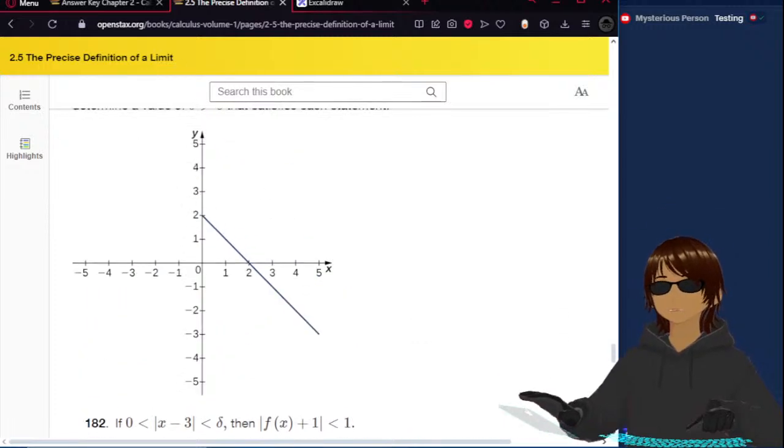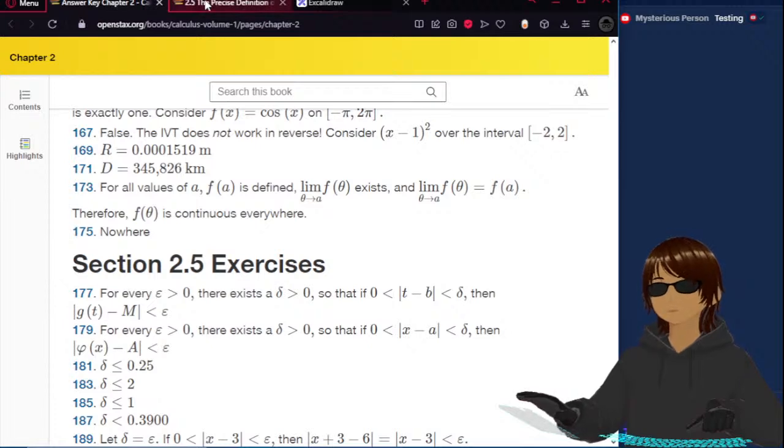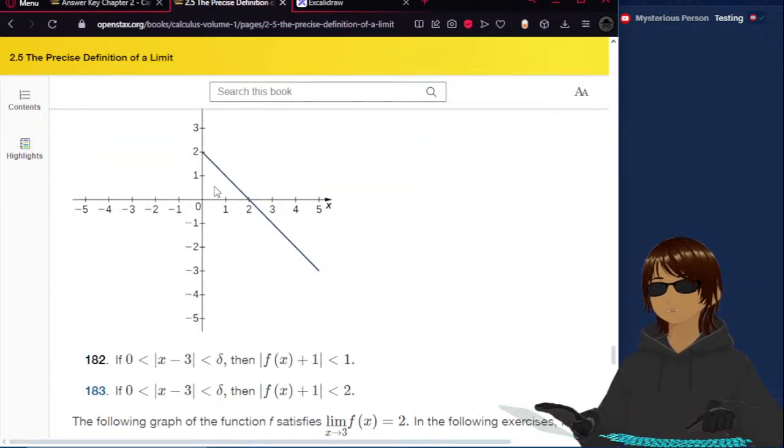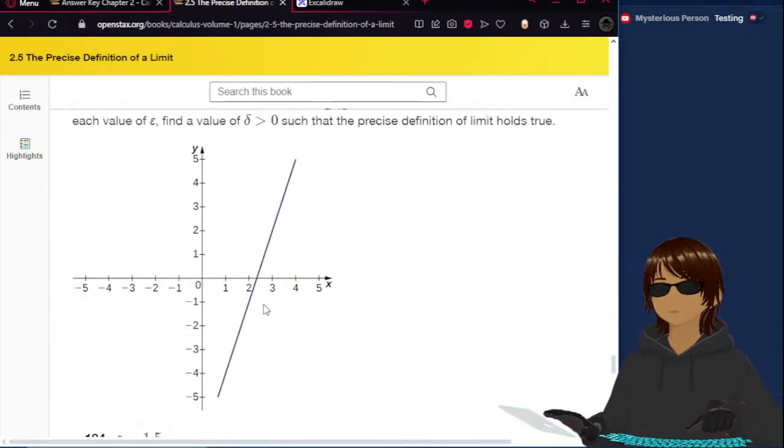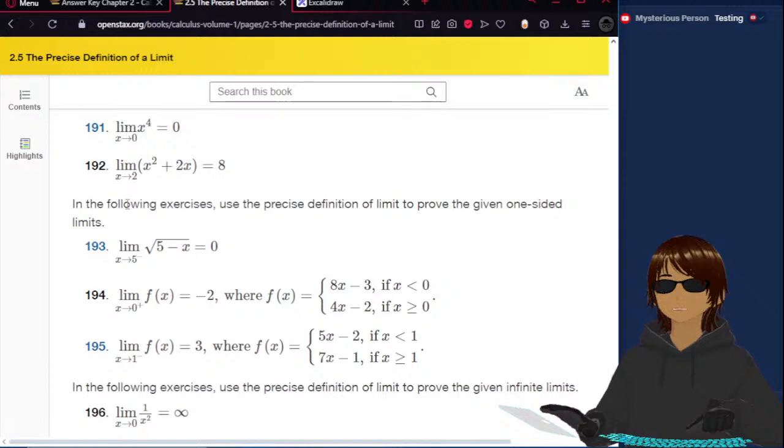I don't know why it's 0.39. Or wait, no, it's 183. Yeah, it is 2. Looking at the wrong one. The following exercises use the problem to prove the given one-sided limits.